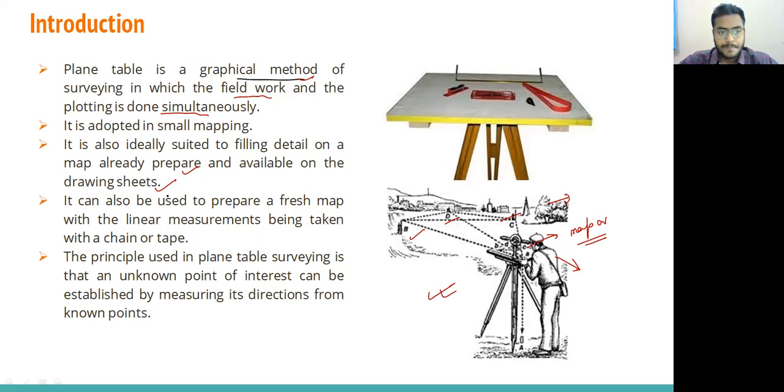It can also be used to prepare a fresh map with linear measurement. I will discuss how we make the traverse, how we draw the traverse, and how we do the drawing on the sheet and the field work at the same time. We will discuss all those things here. This is just the introduction.